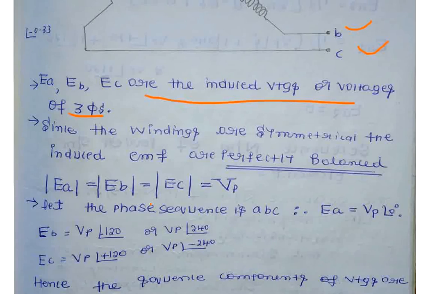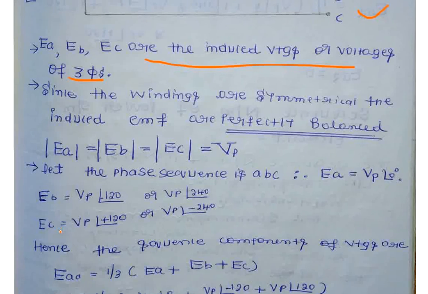That means my EMFs are balanced. That is, AB, BC and CA will have the same line voltages, displaced by 120 degrees. Now, how will we write this in terms of the present quantities?